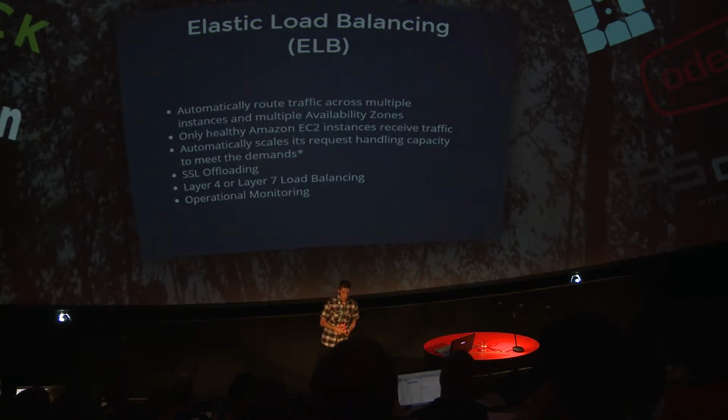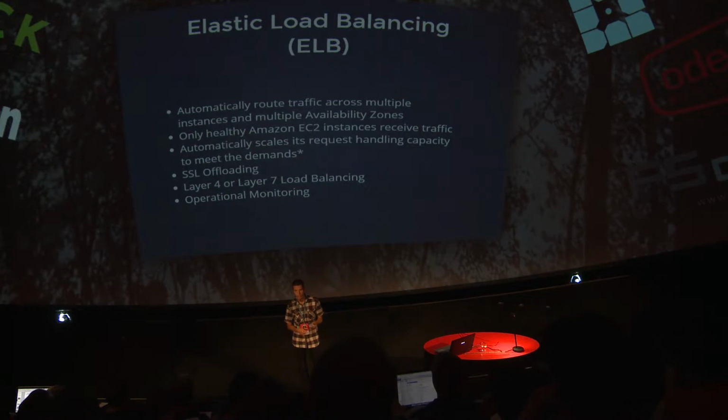One great feature also is SSL offloading, so you reduce the CPU usage of your instances. ELB automatically scales, but there is one thing that you need to know about this.